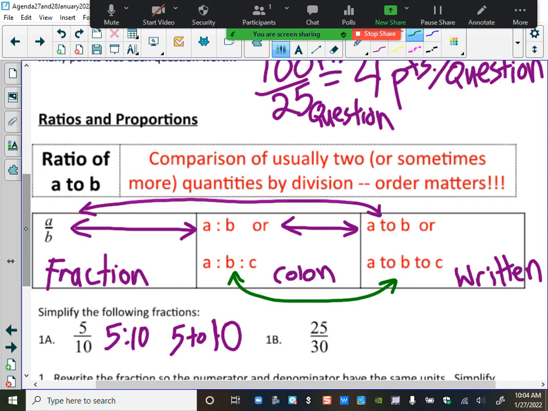Both A and B, you can write them any way. So all three, they all mean the same thing in the end. I want everybody to see that. That's connection number 1. Now here's the second part. So get ready.